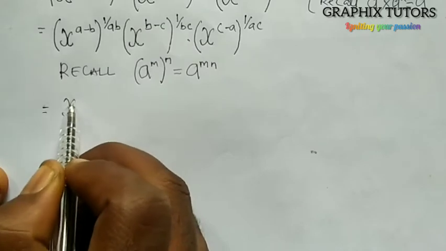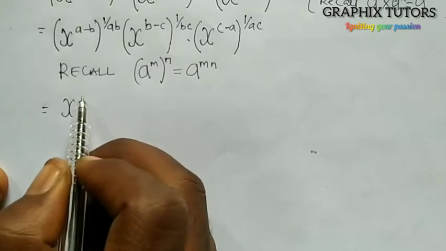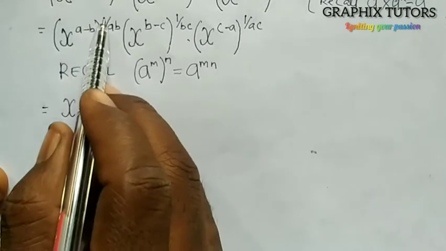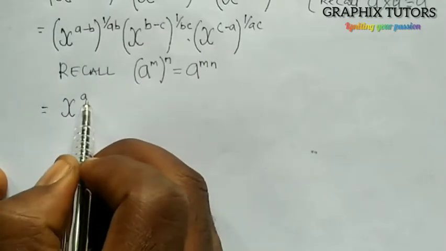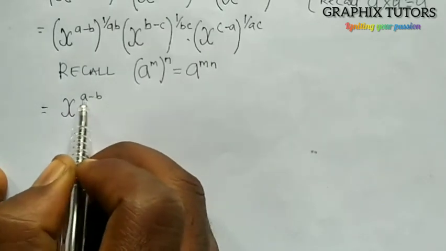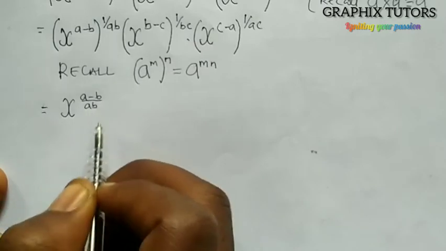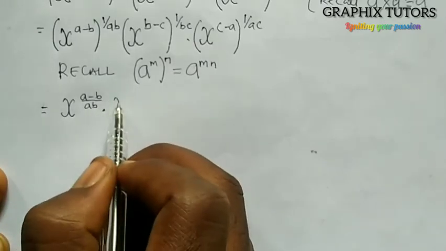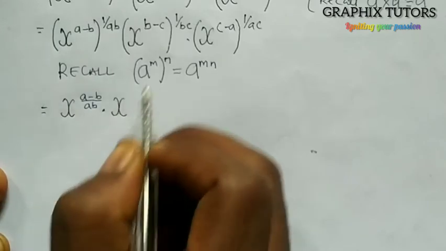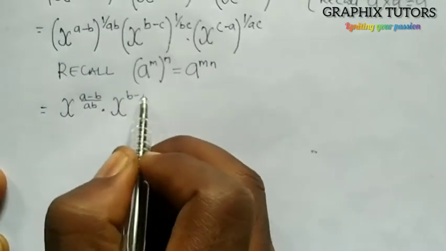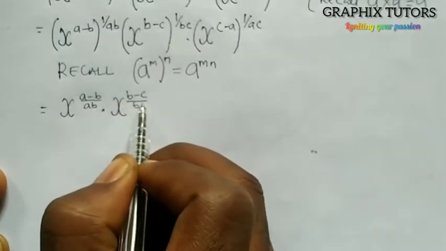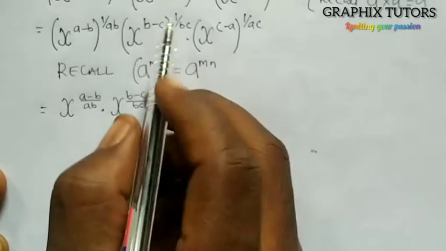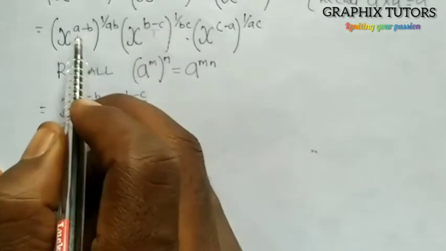This will give me x to the power of a minus b times 1, which gives a minus b, over ab, multiplied by another x to the power of b minus c over bc. This is like saying over 1.